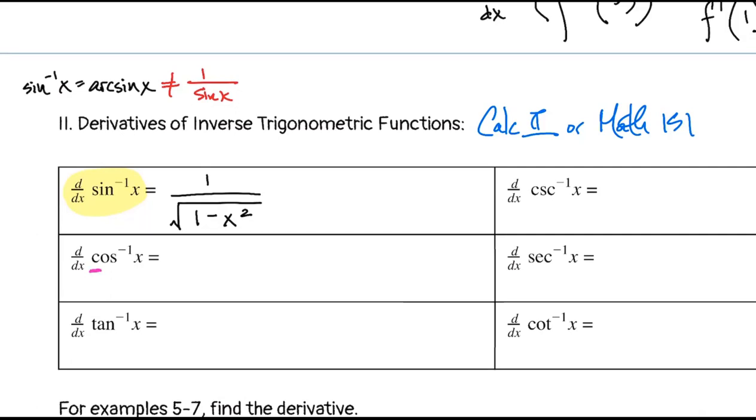Yeah, that it was going to be negative, right? And so as gross as these derivatives might look, it turns out that the derivative of inverse cosine is just like inverse sine, except it's negative. So we can write negative 1 over square root of 1 minus x squared. In other words, if you know the derivative of inverse sine, you know the derivative of inverse cosine. It's just the negative version.